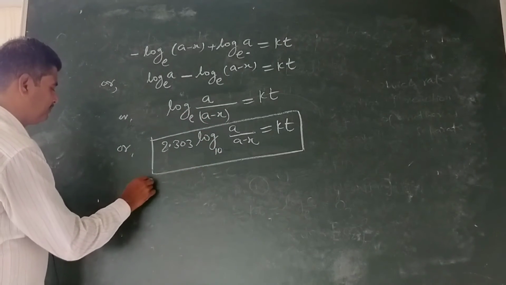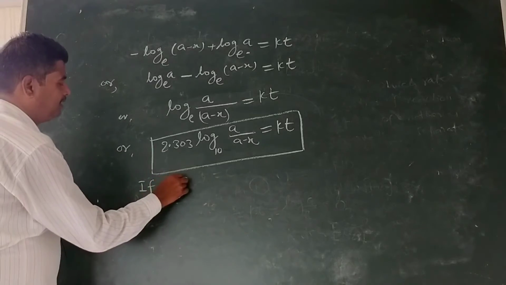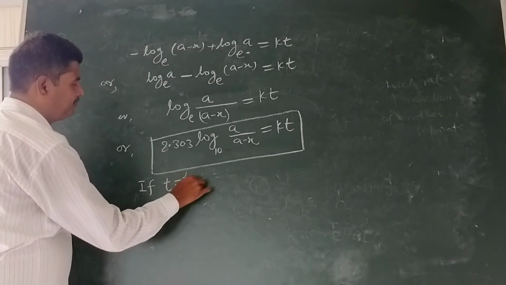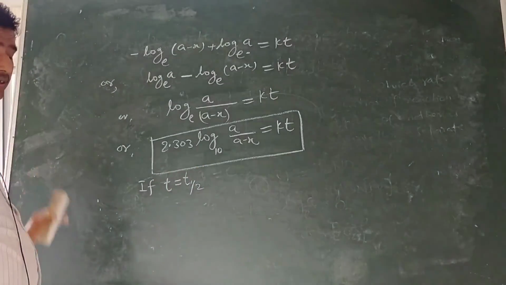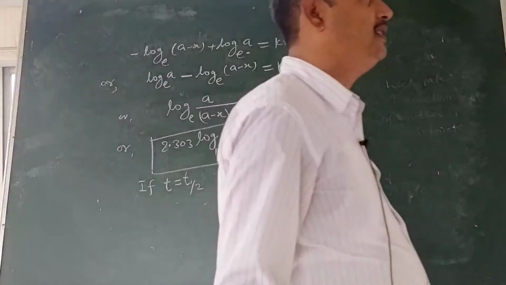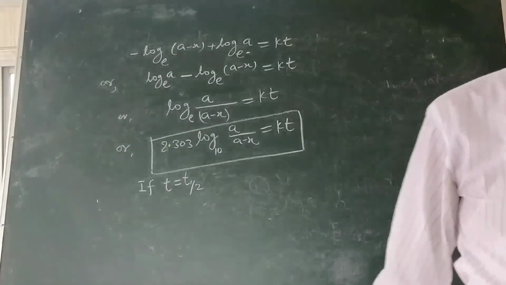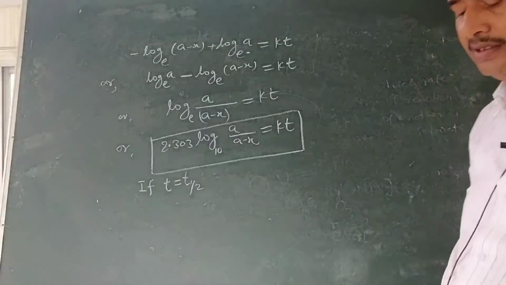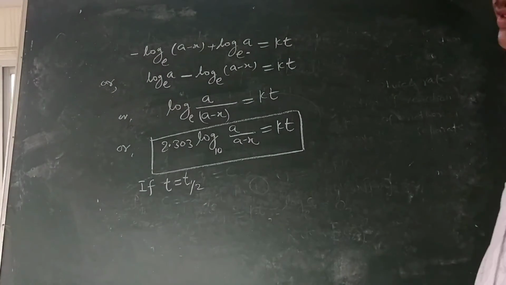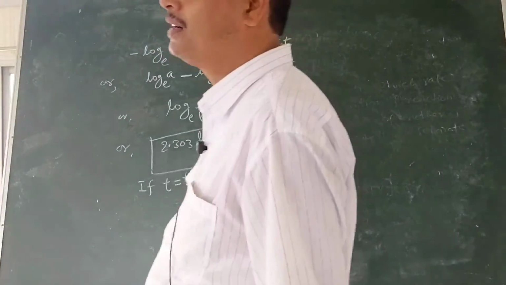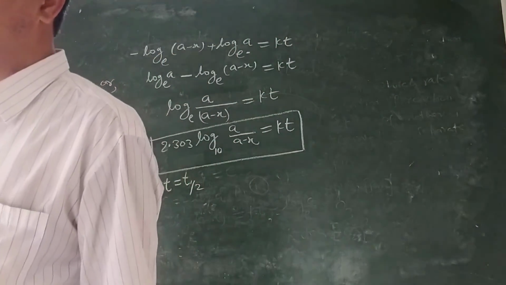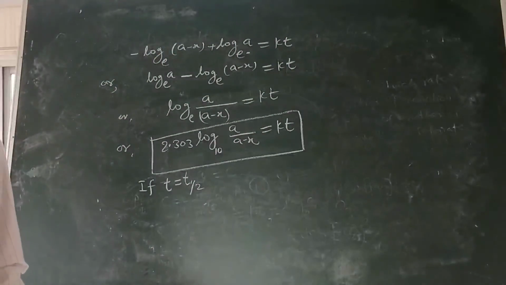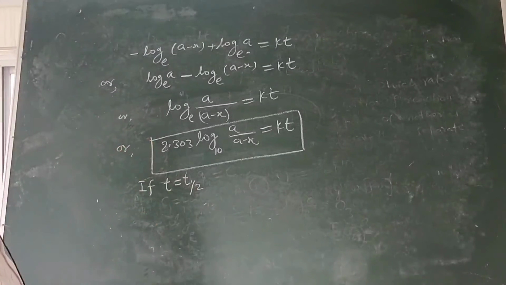If t is equal to t half, that is, time is equal to the half lifetime. The half lifetime means the time during which half the concentration of the reactant will change into product.